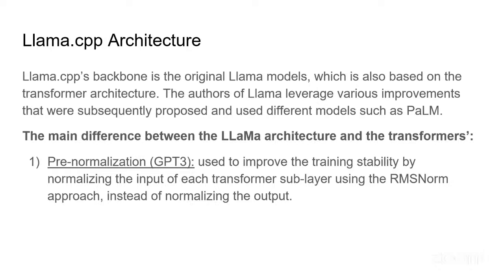The main difference between the Llama architecture and the transformer is pre-normalization, just like GPT-3. It is used to improve training stability by normalizing the input of each transformer sublayer using an RMS normalization approach instead of normalizing the output.